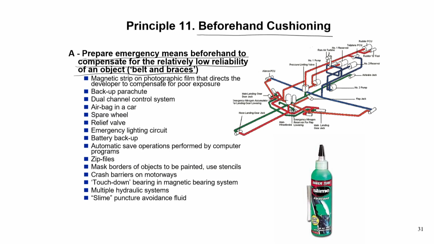Now, there are plenty of examples. I have only talked about some simple examples, but think of the magnetic strip on photographic film, which was used for beforehand cushioning, though today of course digital technology does not need it. The backup parachute example I already told you. Dual channel control system for controlling an aircraft, mostly a trainer aircraft, is for beforehand cushioning.